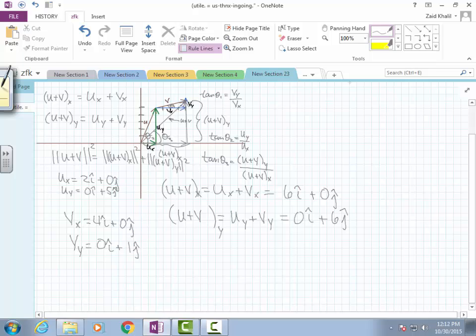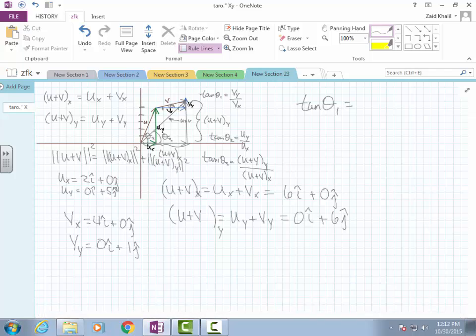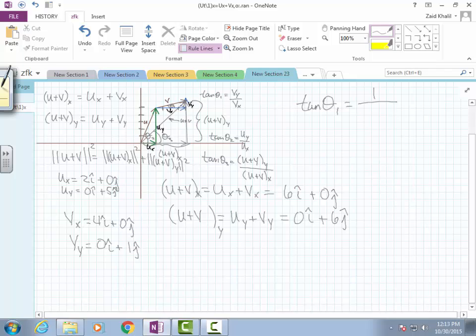So then if I wanted to find theta 1, tangent of theta 1 equals Vy, which is, what's Vy? 1, over Vx, which is 4.